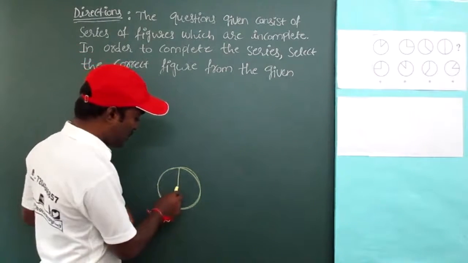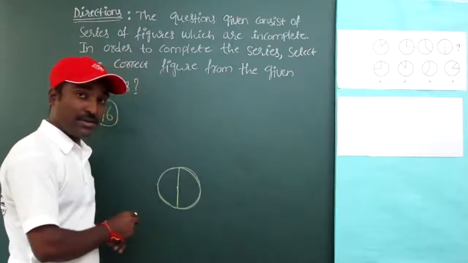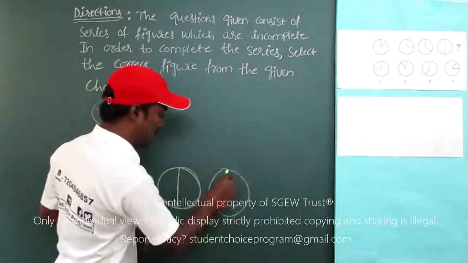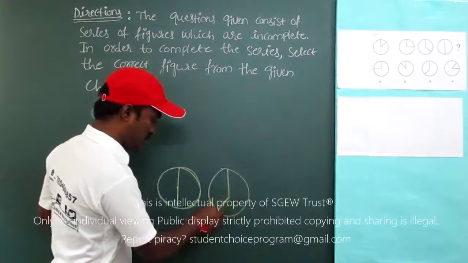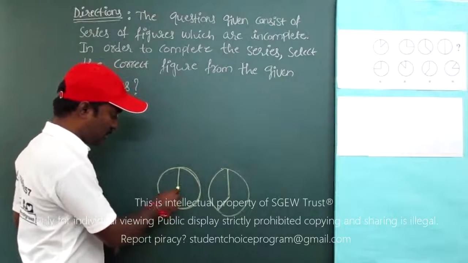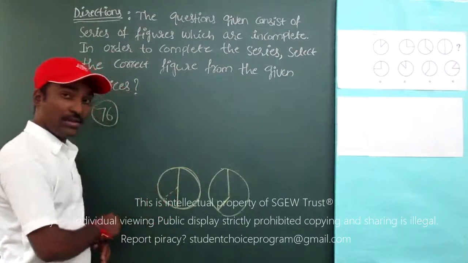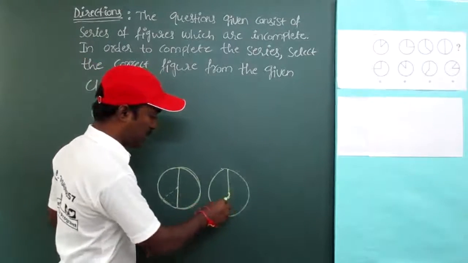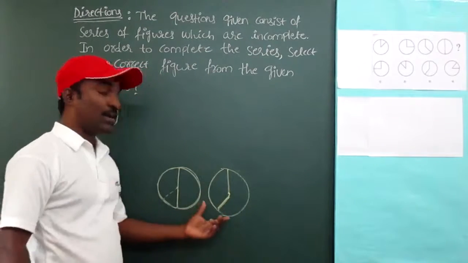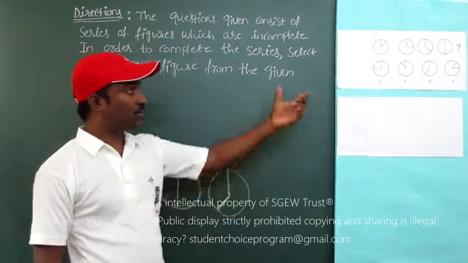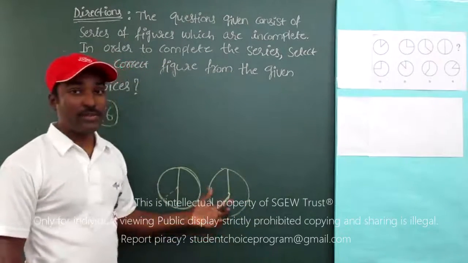So if you move this line 45 degrees in clockwise direction, then it will appear like this, isn't it? This line is moved 45 degrees in the clockwise direction. That will appear like this. Okay, so this will be the missing figure, and you just compare this figure with the given 4 choices. Whichever it matches, that will be our right option.